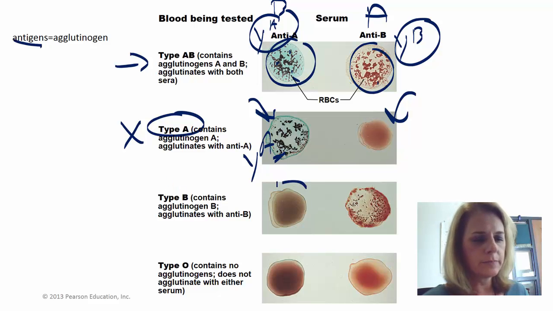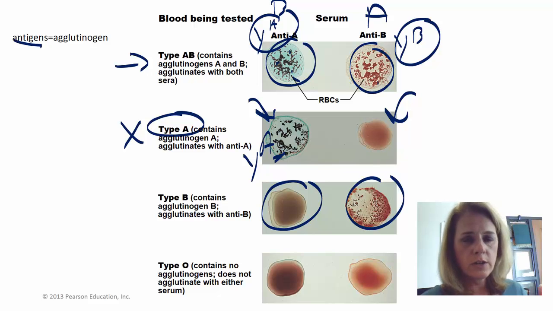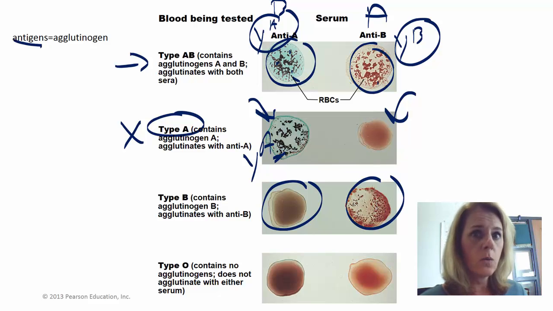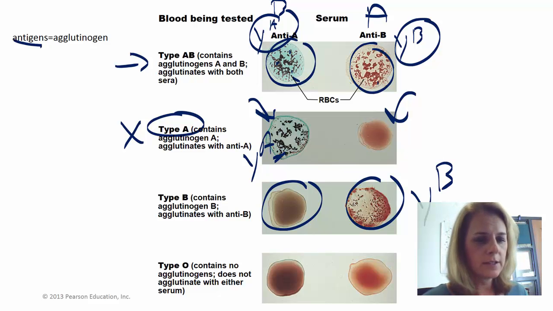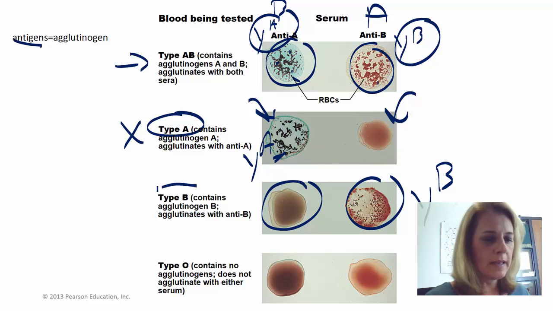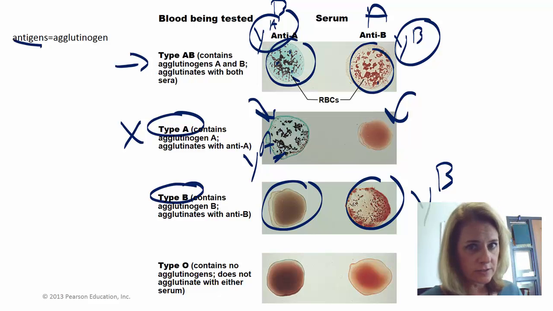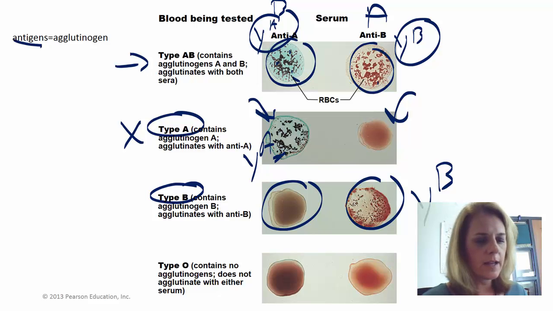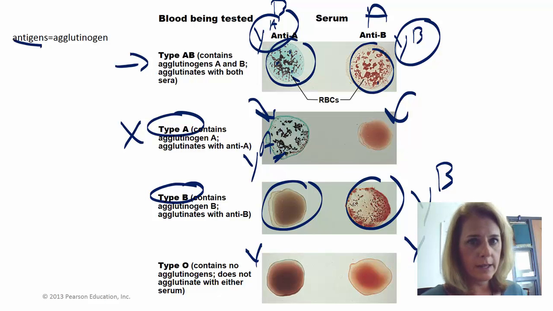I've put the blood in, I've watched it, it's clumping. So what caused it to clump? That means it reacted with the B antibodies, right? So that means it's B blood. It had the B antigens. Okay, so that's how you know. Type O, I put it in there. There's no antigens, so it's not going to react with either set of antibodies, so you're going to get O blood. All right?